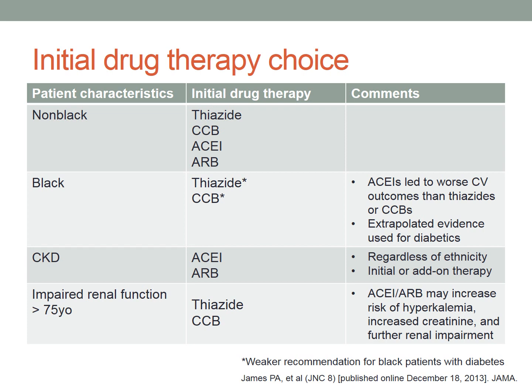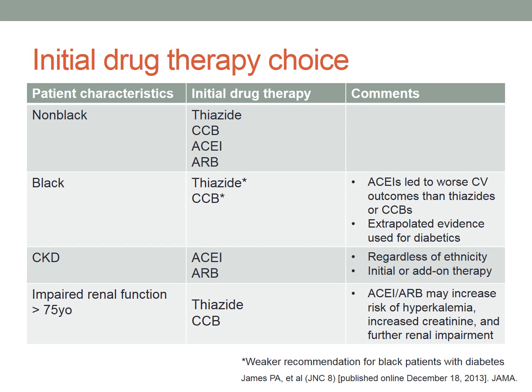So they had to use extrapolated evidence from the ALLHAT trial to come up with this recommendation. And 46% of those patients had diabetes. So it's just not as strong of evidence for the recommendation of using thiazide diuretics or calcium channel blockers in your Black patients with diabetes.